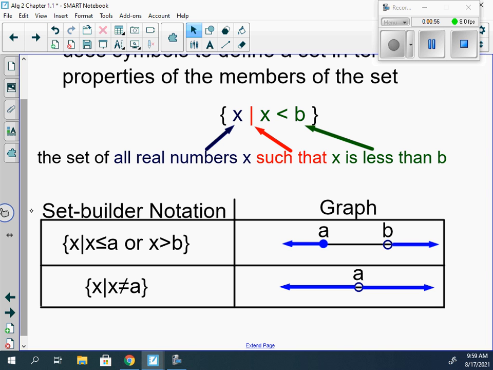Now, for the most part, set builder notation will be used here for Chapter 1.1, Chapter 1 review, Chapter 1 test. And then we won't really talk about it much at all. Unless you're doing proofs of some type or mathematical research where you're talking about specific numbers or groups of numbers, not so much statistical research, but maybe, then you'll use this.